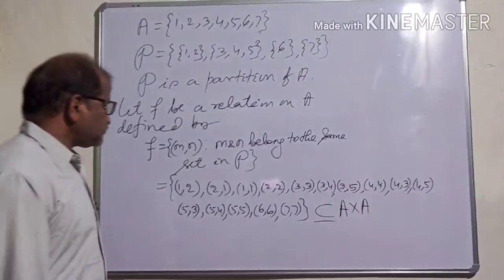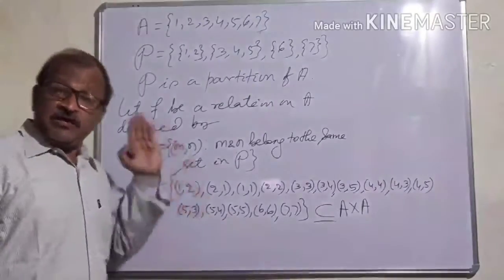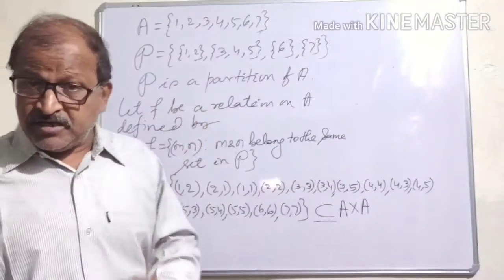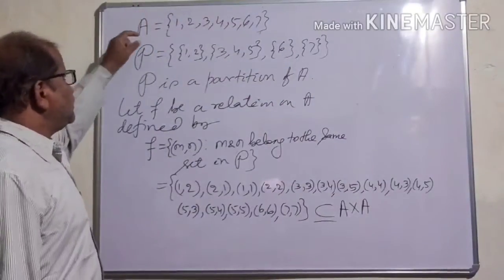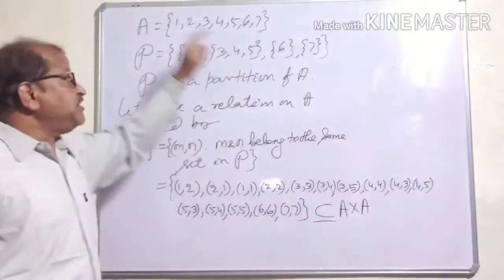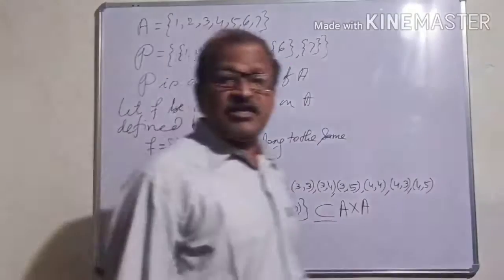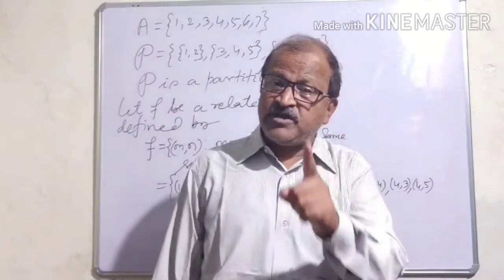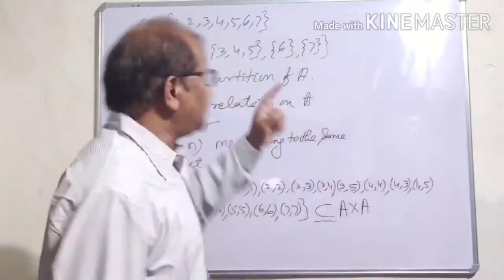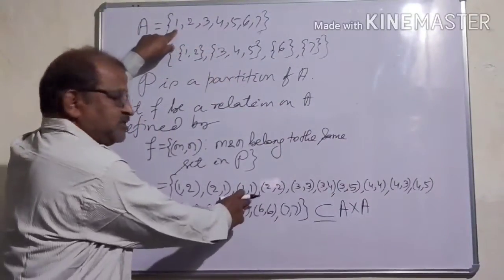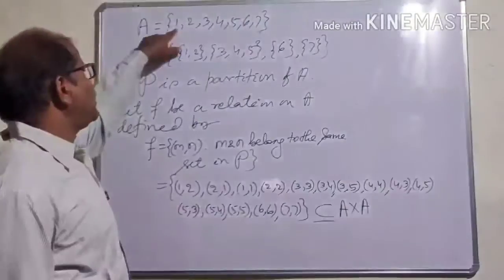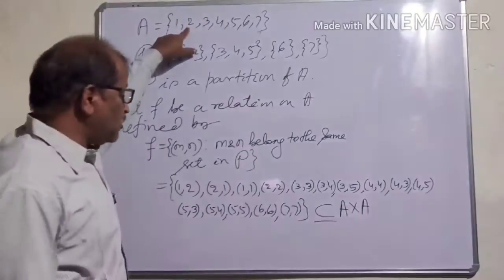But whether it is reflexive, symmetric or transitive, let us test. It will be reflexive if each element of A is related to itself. Yes, let us see whether 1 is related to 1 or not. Yes, the element is here. So 1 is related to 1. 2 is related to 2 or not?